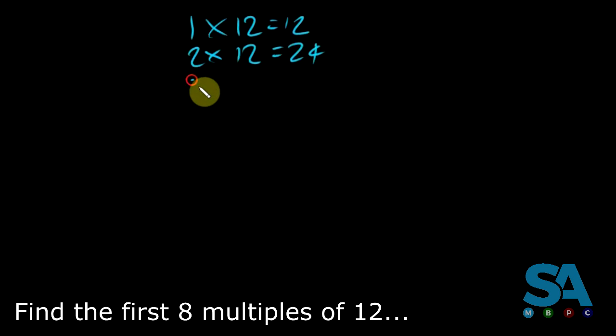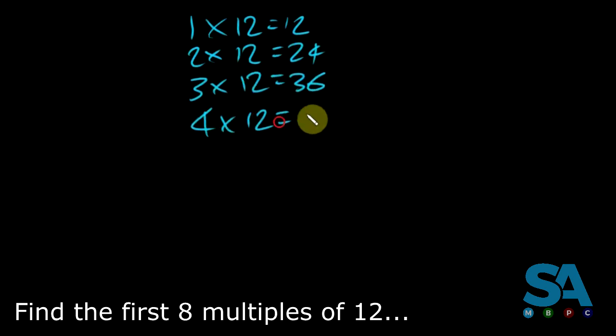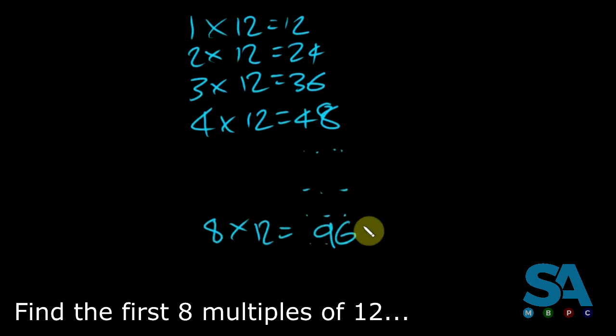If I told you to find the first 8 multiples of, let's say, 12, all you do is look for the first 8 numbers in the 12 times table. So we have 1 times 12, which equals 12. 2 times 12 equals 24. 3 times 12, 36. 4 times 12, 48, and we keep going until we get to the 8th multiple, which is 96.